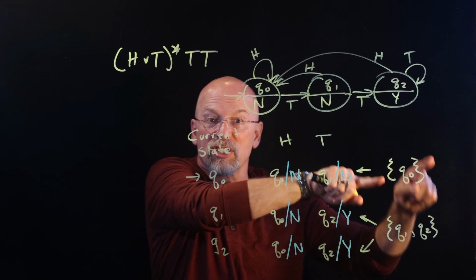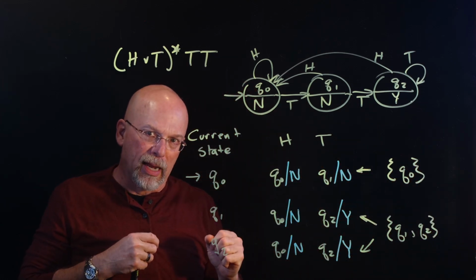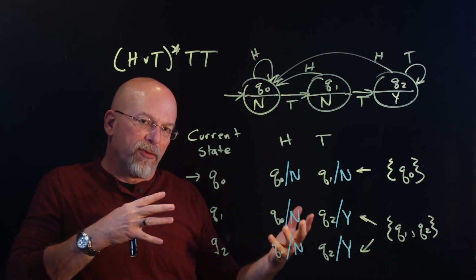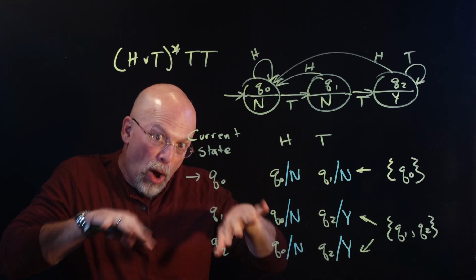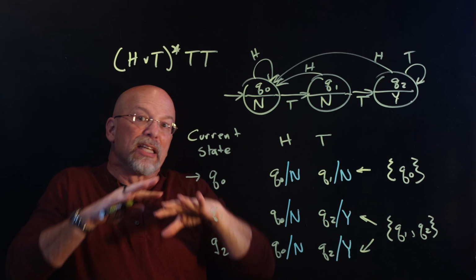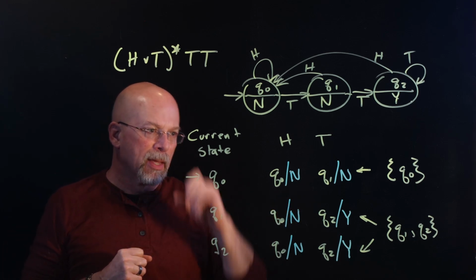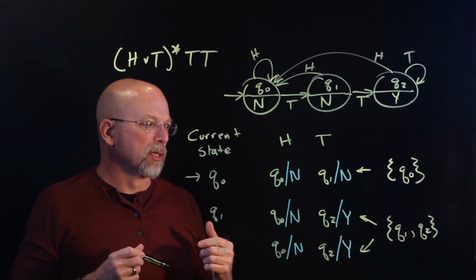If they transition to the same sets of states, then I know that I've got a good grouping. If they transition to different sets of states, I have to decompose them further and keep doing that until there's no more decomposition. Let me try and do this with an example. The second example, hopefully, will make this a little clearer.